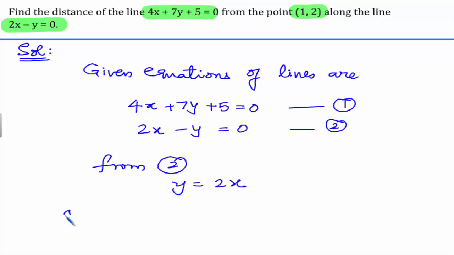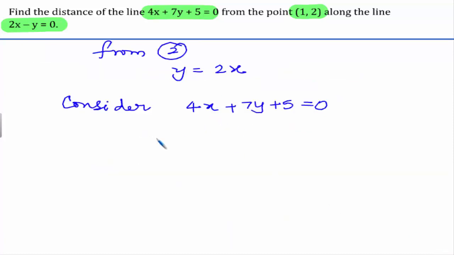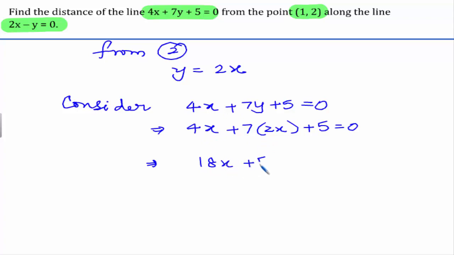Now let us consider the first equation, that is 4x plus 7y plus 5 is equal to 0. Now let us substitute the y value into this. What shall we get? 4x plus 7 into 2x plus 5 is equal to 0. This will get 4x plus 14x is 18x plus 5 is 0. This will give us x is equal to minus 5 by 18.